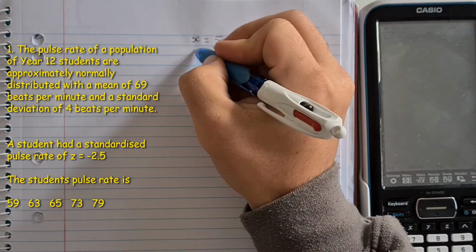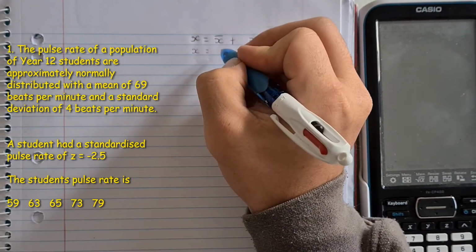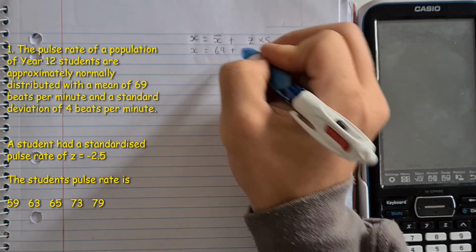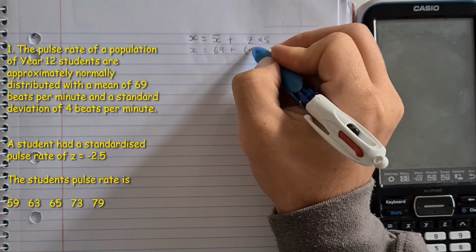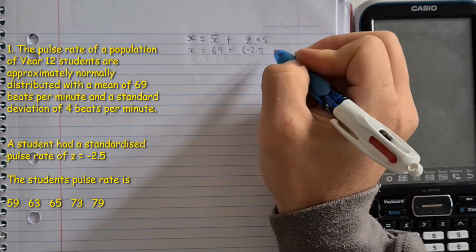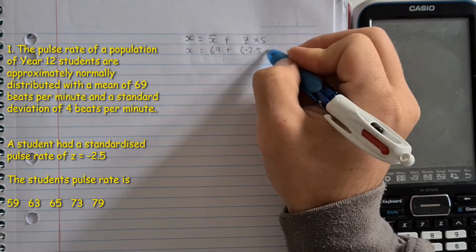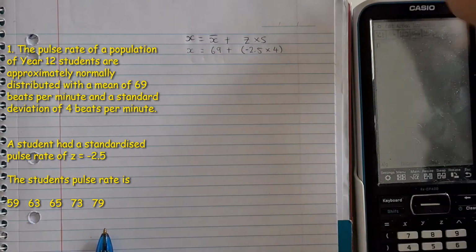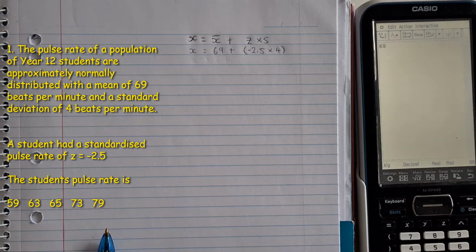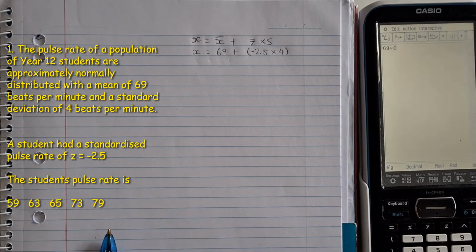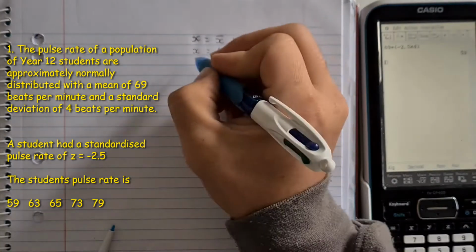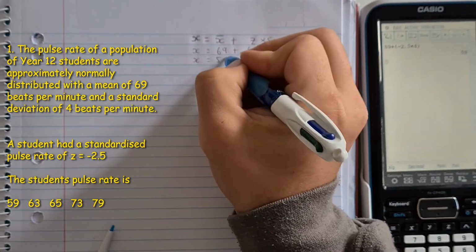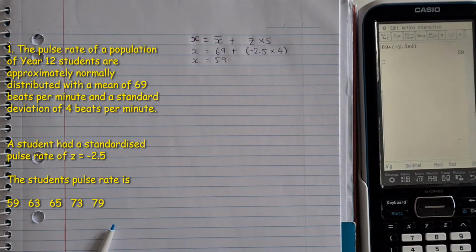So we've got X is equal to our mean of 69 plus, I'm going to put brackets here, negative 2.5, which is our standardized pulse rate, multiplied by a standard deviation of 4. So we get X is equal to 59 beats per minute.